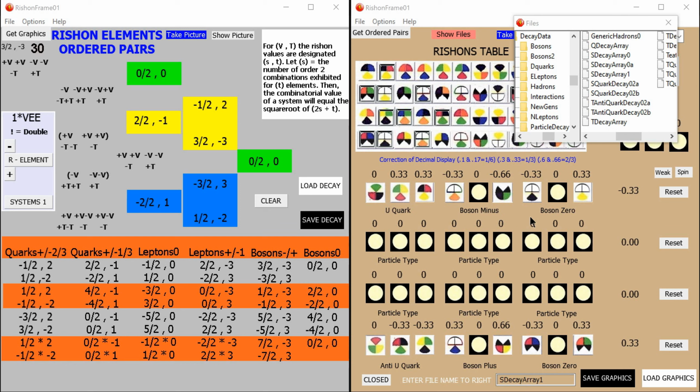In addition, there's an associated particle-antiparticle pair of prime T and anti-T rishons. And of course, the anti-S particle will be composed of corresponding particles with the opposite quanta.